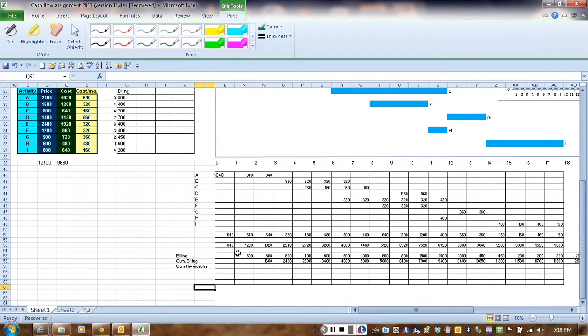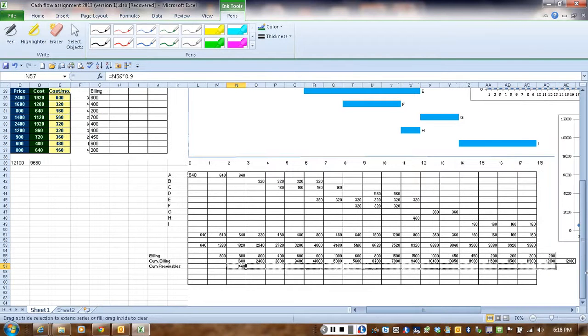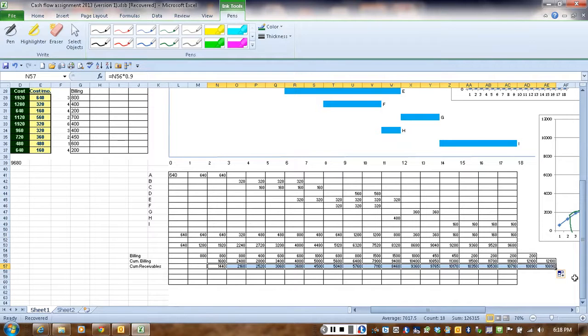Okay, so the cumulative receivables are going to be equal to this times 0.9, 90% of the billings, and we're going to copy that right across.